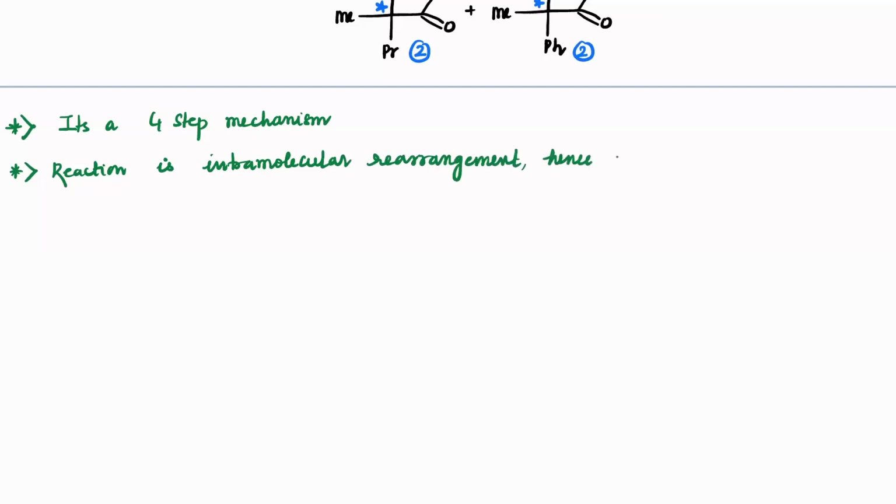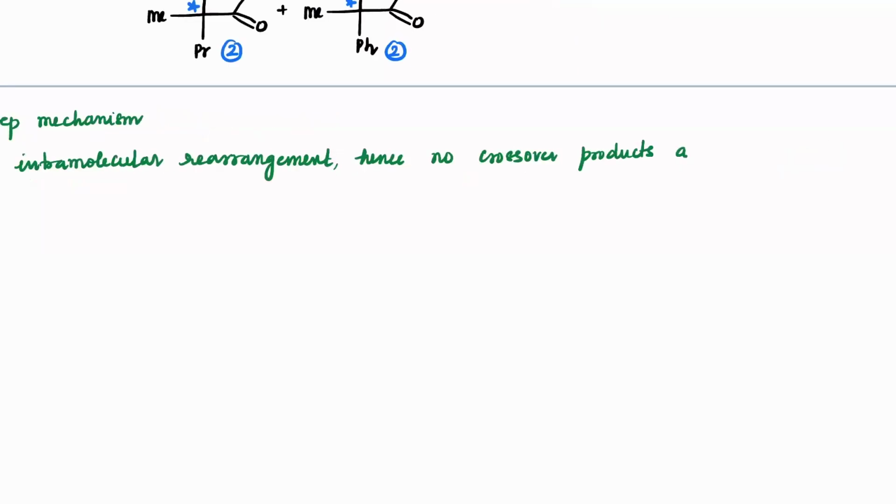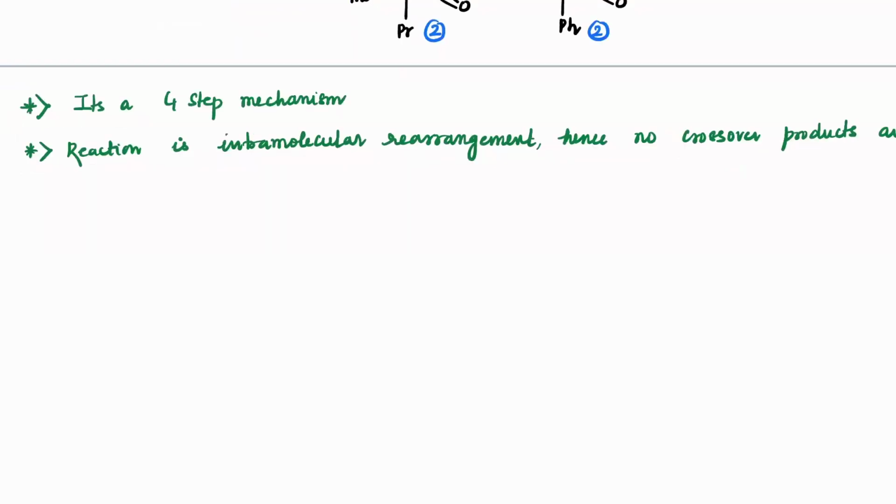no crossover products are formed. What does that mean? Suppose you have two different types of pinacols I'm taking, let's say methyl, methyl, methyl, methyl, OH and OH.